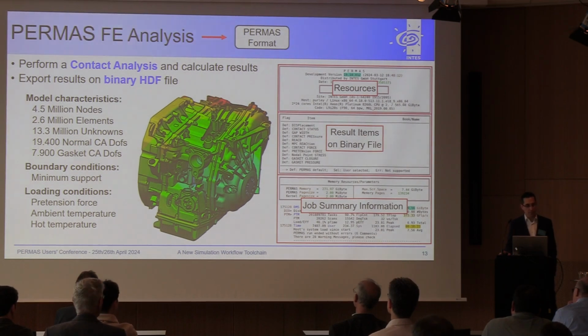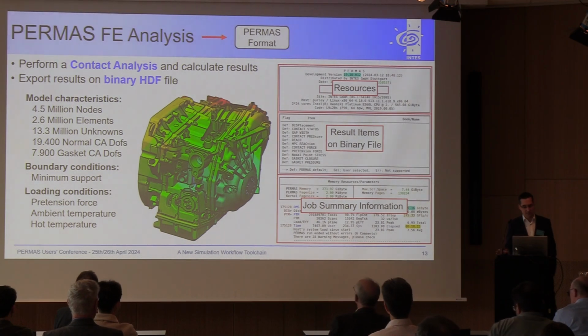Here's a short model overview. We have 13 million unknowns as the outline. And as you can see, this is a typical PERMAS output. For the result evaluation, we're using the binary HDF file format of PERMAS.